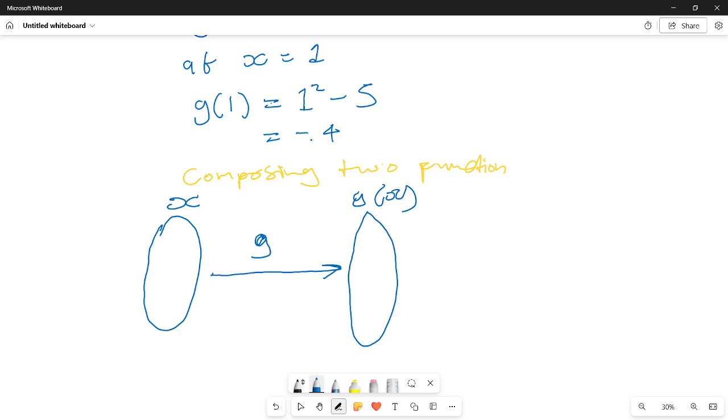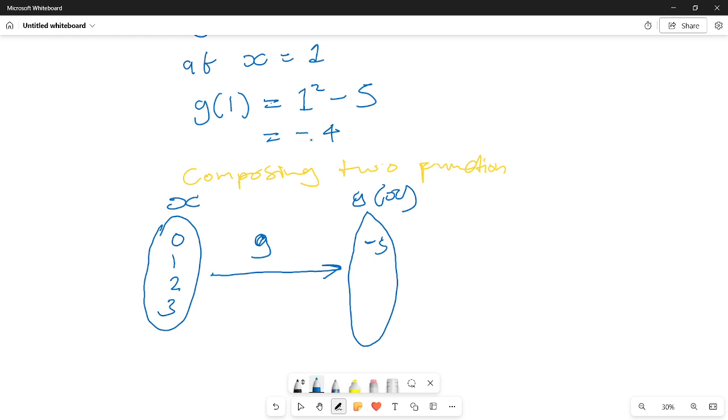So what I mean is, if we have, for example, the inputs 0, 1, 2, and 3, these are just examples. Remember, g is a function that is defined as x squared minus 5. So where there's x, if we put 0, we are going to have an output of negative 5.